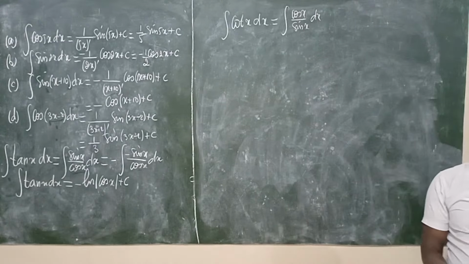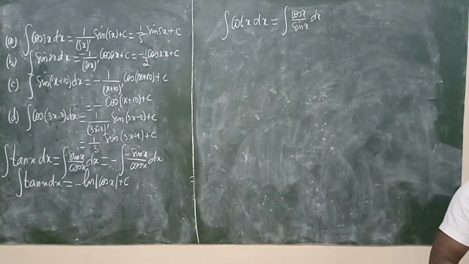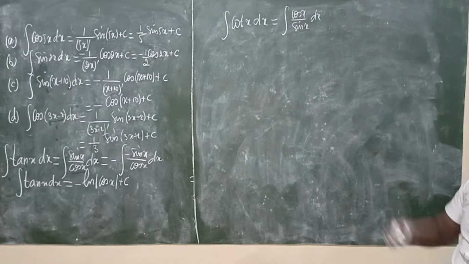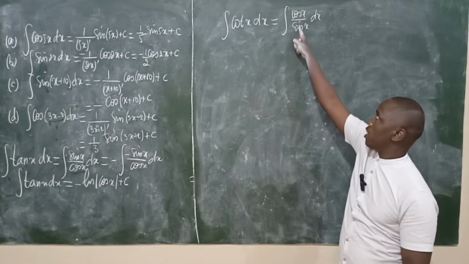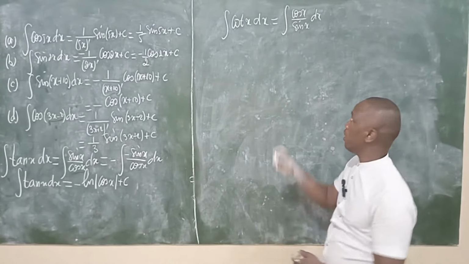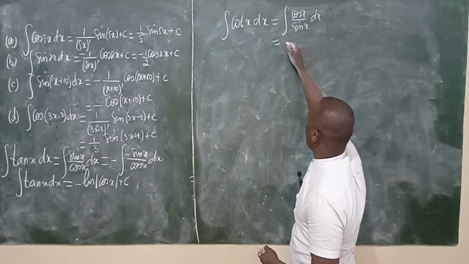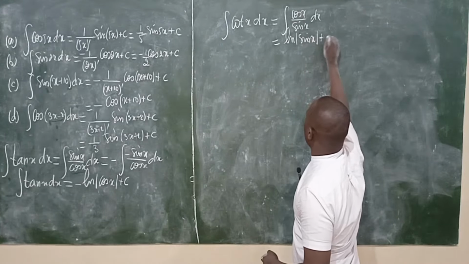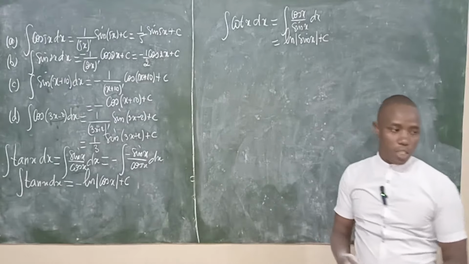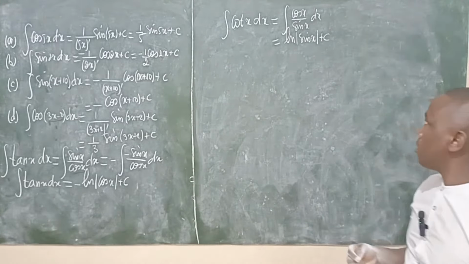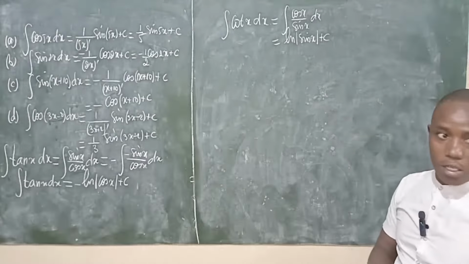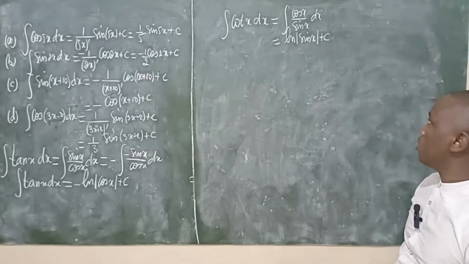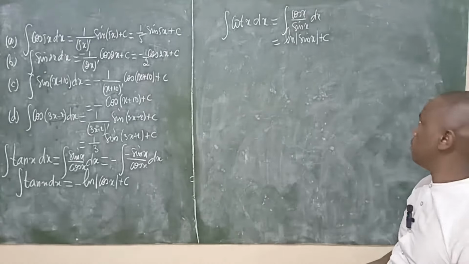As you remember, the derivative of sine is cosine. So, since the derivative of the denominator gives the numerator, this is going to be the natural log of sine x plus c. I do not want you to memorize these formulas, but to know how they are proven.